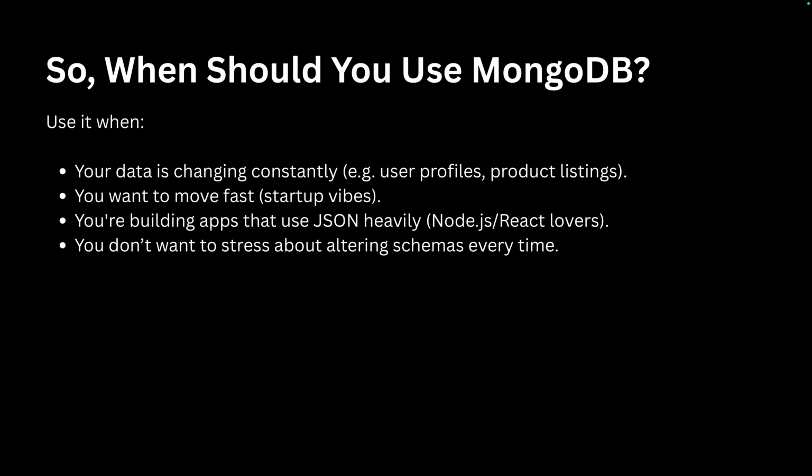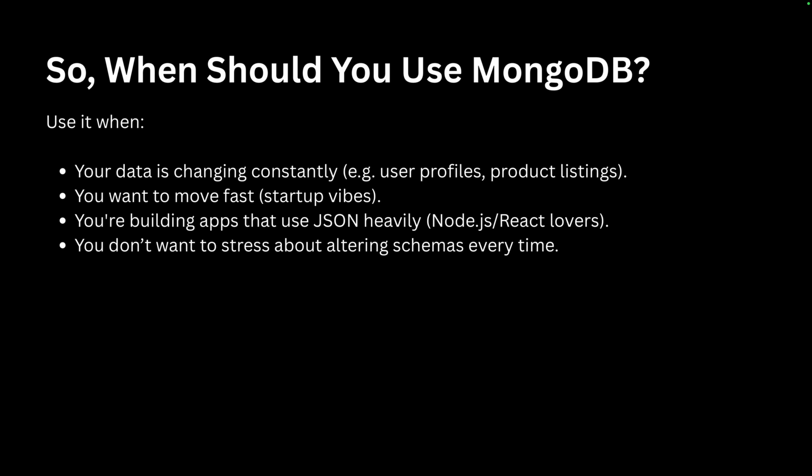So for example, user profiles, product listings. If you want to move fast, if you are working in a startup organization or you are just starting from scratch, then you should use MongoDB. If you are building apps that use JSON heavily, like your Node.js or React applications, and if you don't want to stress about altering schemas every time, then MongoDB is a perfect fit.